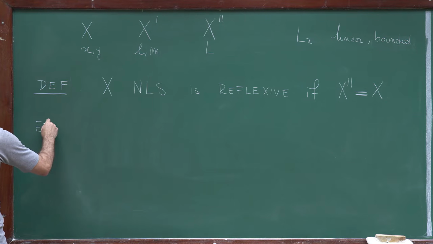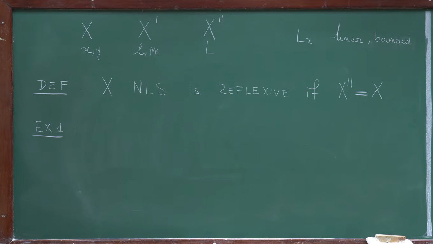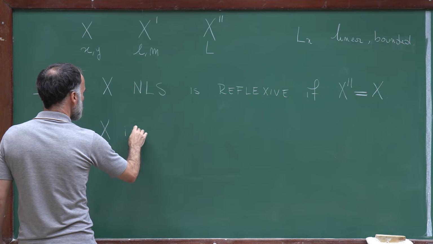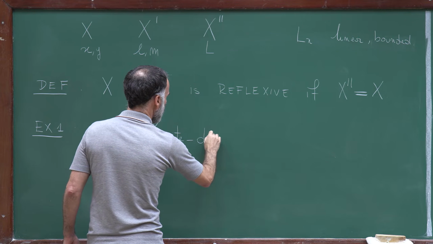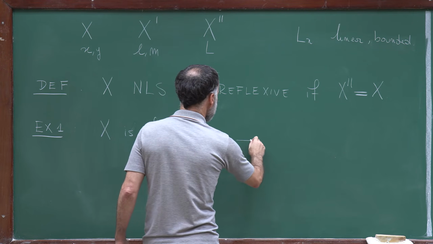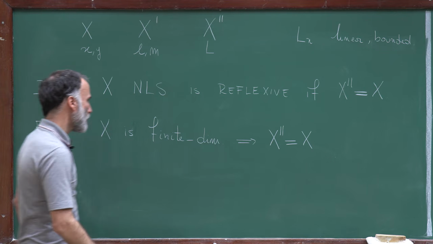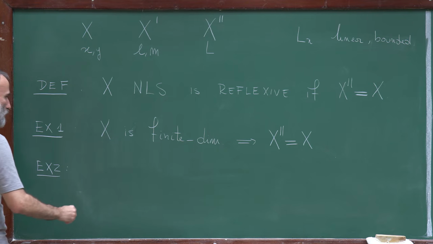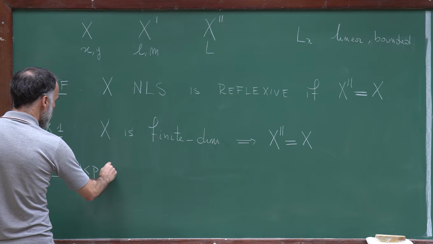So one first example, which you certainly learned in linear algebra, is that if X is a finite dimensional normed linear space, then it is reflexive, which means X double prime is equal to X. And then a second example, which comes from measure theory: assume that p is between 1 and plus infinity.